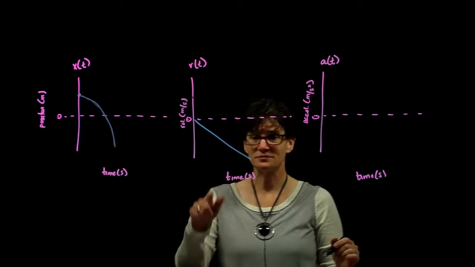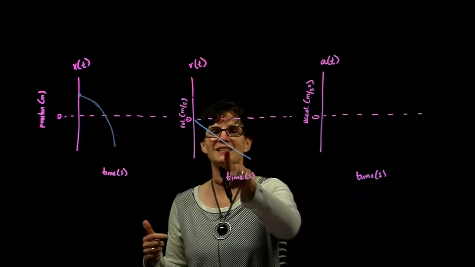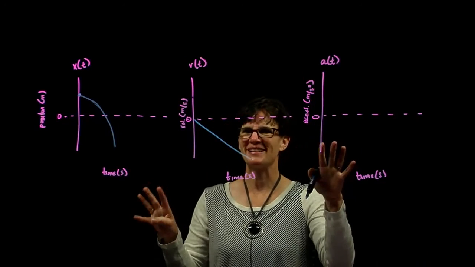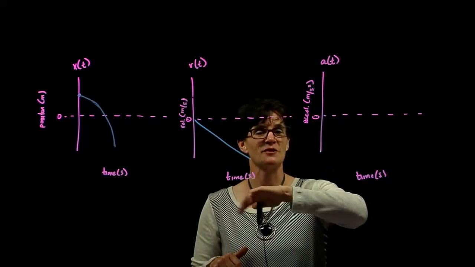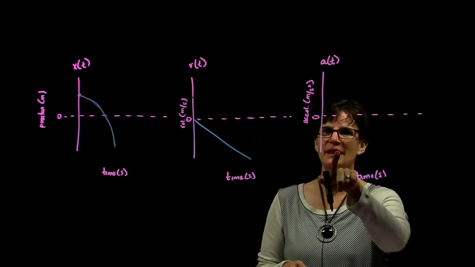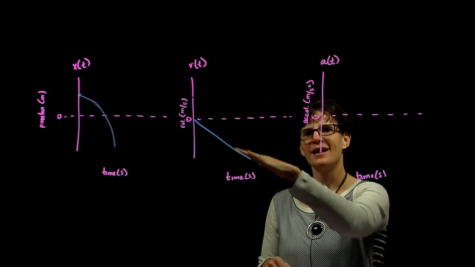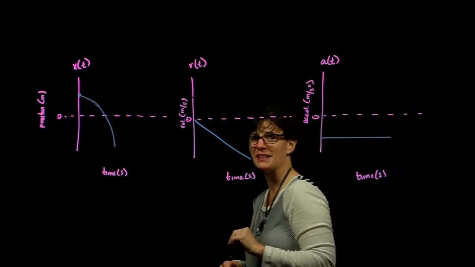All right. Going from velocity to acceleration, we can do this a number of different ways. We know that the acceleration is the slope of the velocity graph. Well, my slope is negative, so I'm going to have an acceleration below that zero, and it's constant, so it's not changing. That's one way to think about it.